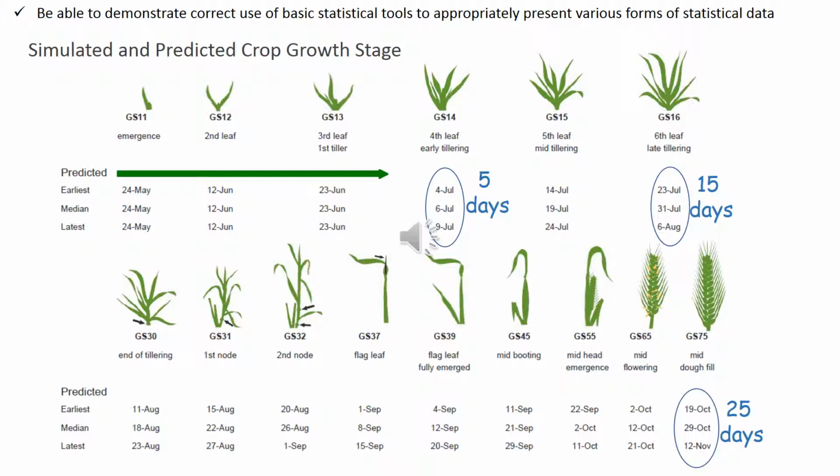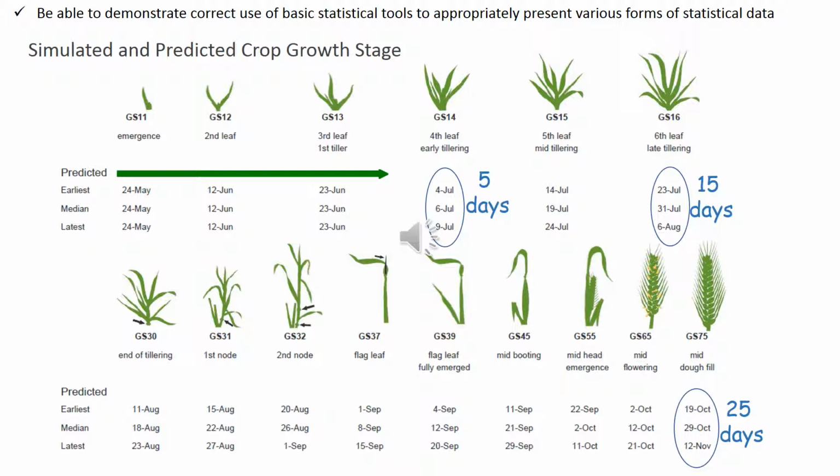The first 3 dates have already been produced, so they're not part of the predictive phase anymore. What we have then is at the 4th leaf tillering stage, we have the earliest date being predicted as the 4th of July and the latest as being the 9th of July.